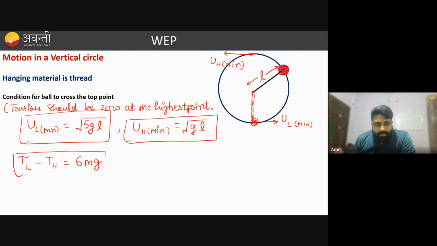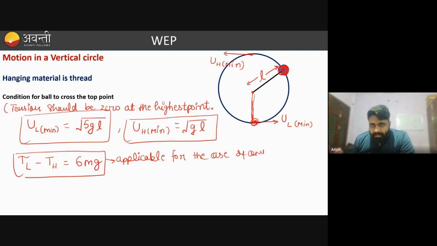You should always remember that it is applicable for the case of completing the circle. Okay. Any kind of doubt you have, you can ask. So that should be the difference.